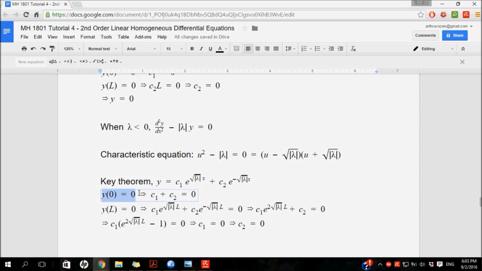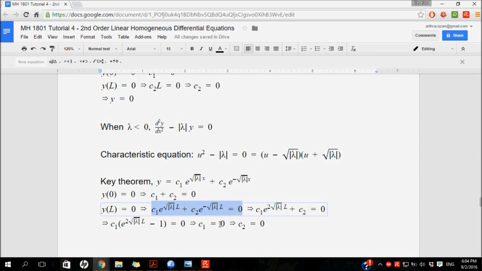When x is 0, y equals to 0. Substitute that inside, and it tells us c1 plus c2 equals to 0. We also have y at x equals to L equals to 0, and therefore we get this equation. Here is where we substitute x equals to L and y 0.